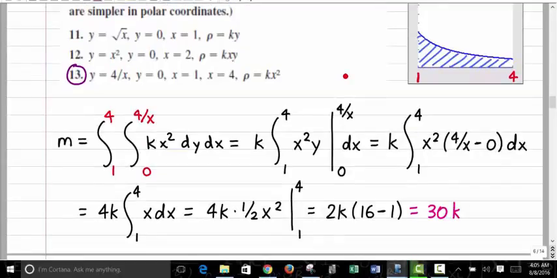So we bring out the k, you have x squared y, pretty easy work from here, I think. Then distribute, integrate from 1 to 4, and you end up with 30k. So that's not too bad.